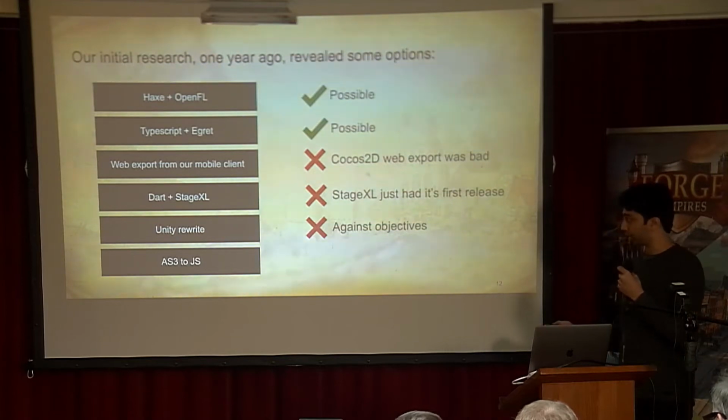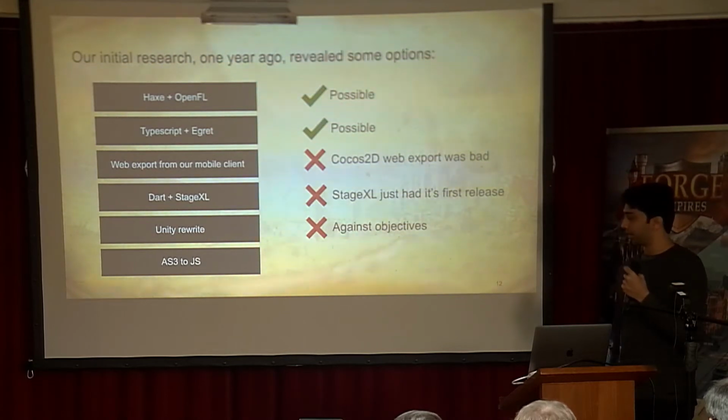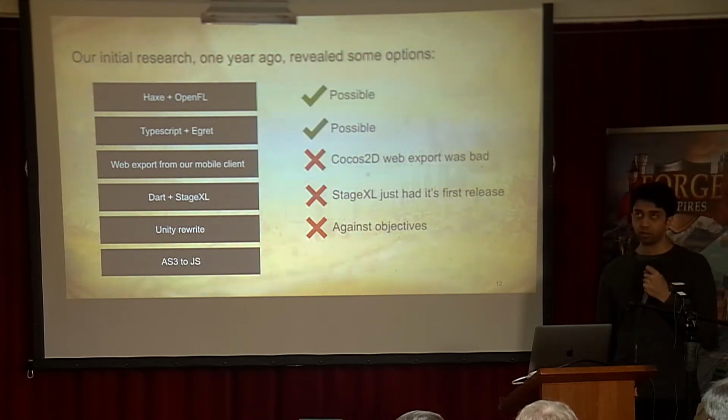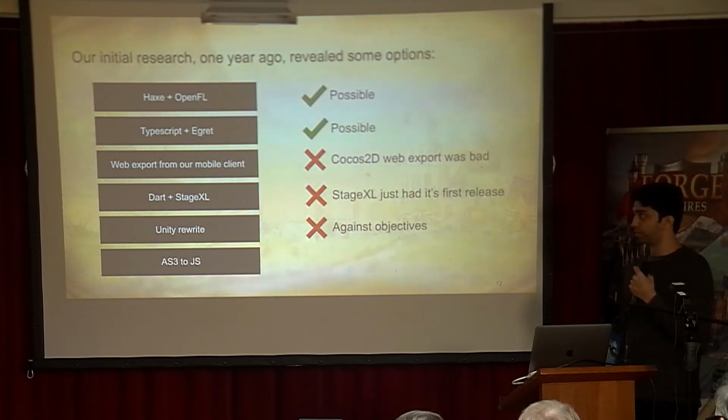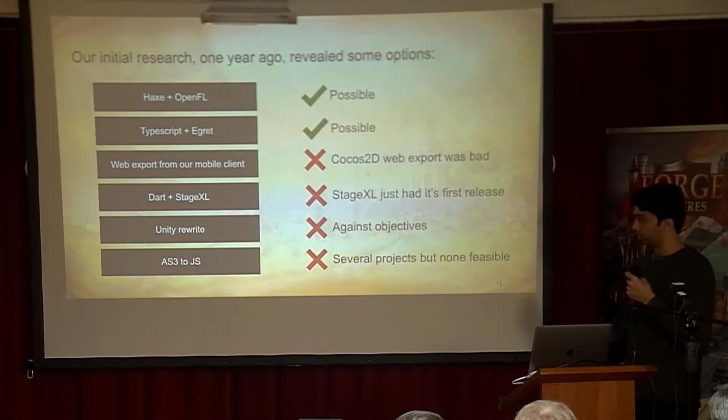The Unity rewrite was against our objectives completely, plus at that time the Unity web plugin itself was going to be deprecated, and the export isn't mature. And there are several AS3 to JavaScript converters, but none of them were really feasible for a large project like ours.